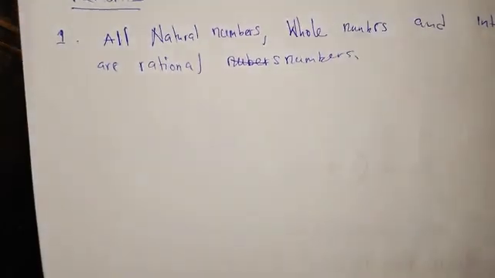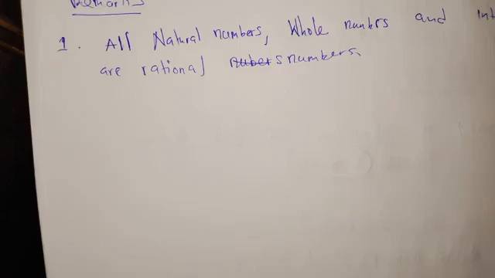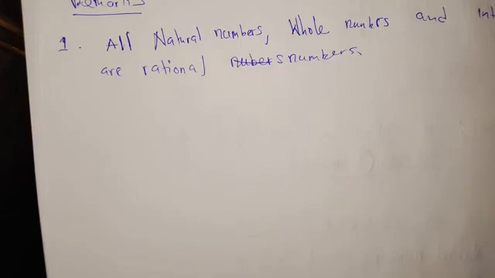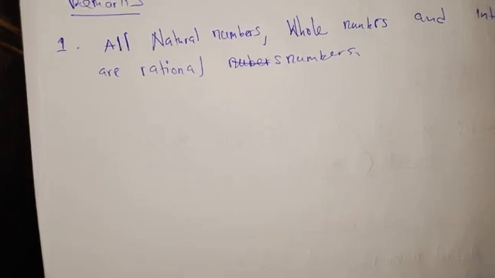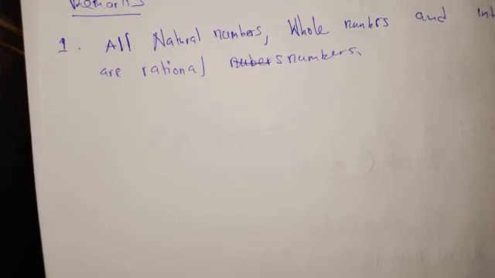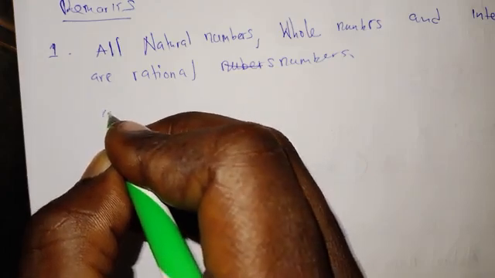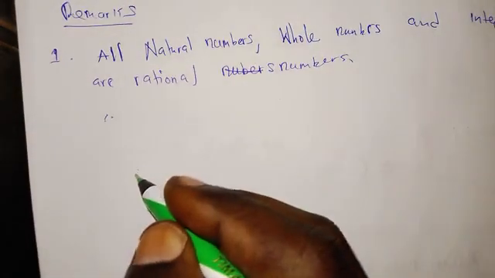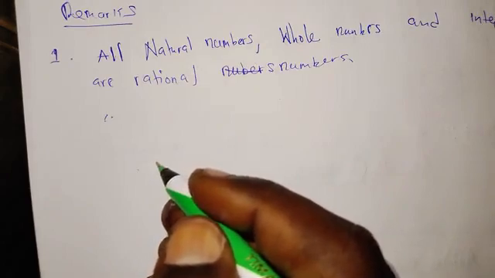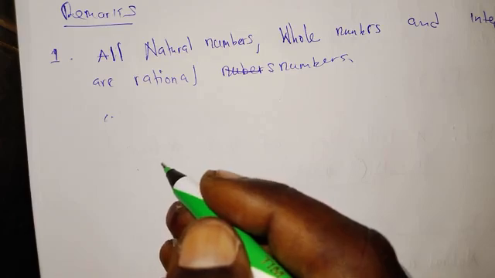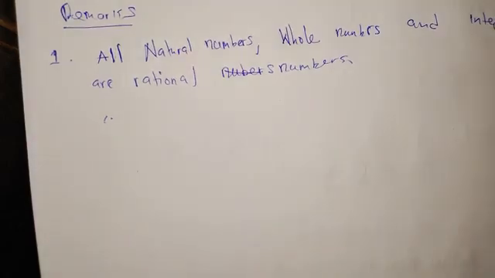So we're simply saying that all natural numbers, whole numbers, and integers are rational numbers. The basic information you're supposed to understand here is that there's a set of natural numbers, a set of whole numbers, and a set of integers. These sets are subsets of rational numbers.